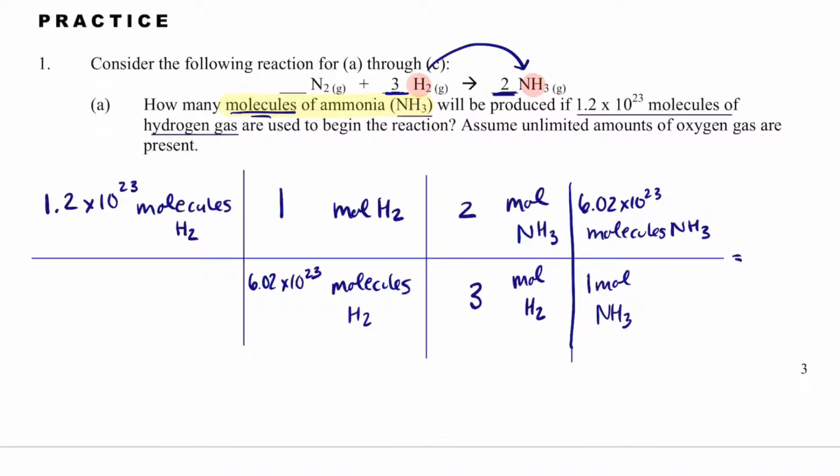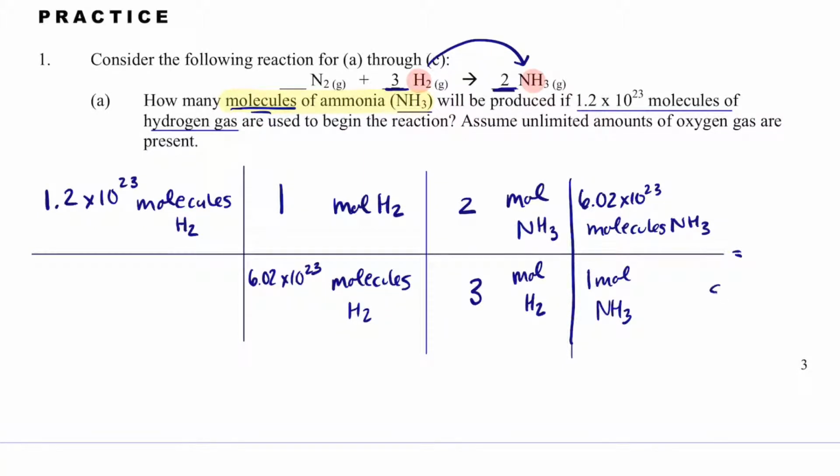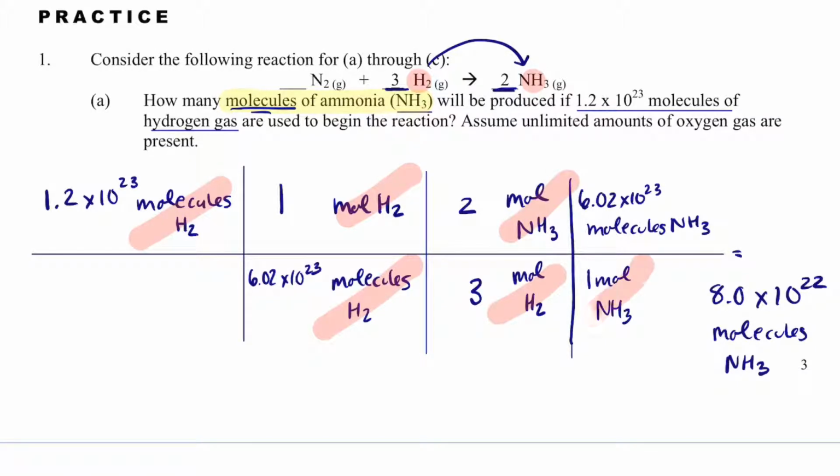When I do that, I get 8.0 times 10 to the 22nd molecules of NH3. Let's just double check that our units did cancel. Molecules of H2 cancel, moles of H2 cancel, moles of NH3 cancel, and so I'm left with molecules of NH3. And this step, whenever we go from moles to moles but change substance, is our mole bridge.